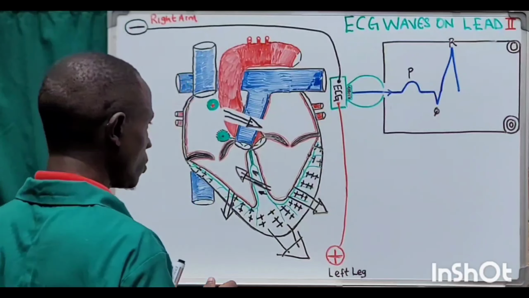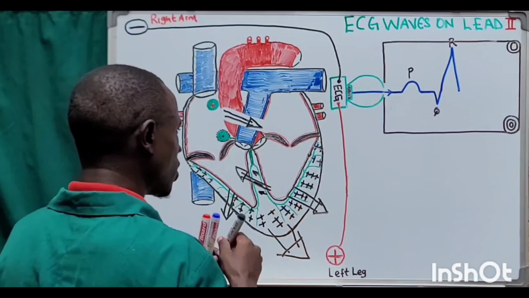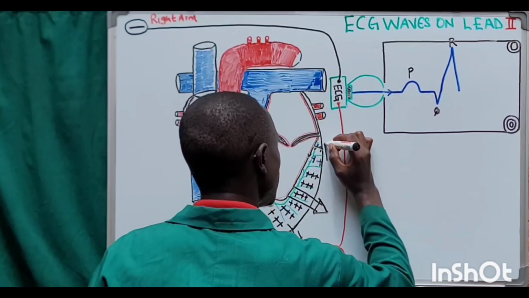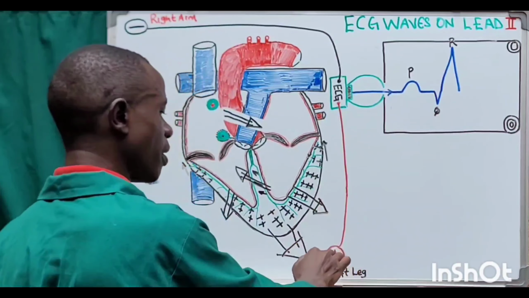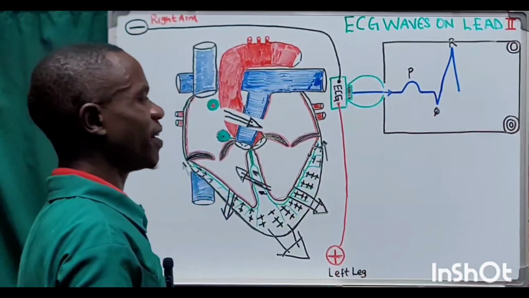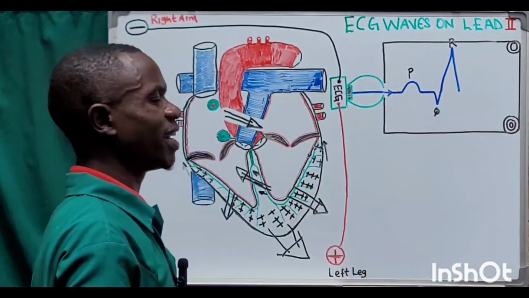So this depolarization is going to be facing in this direction. Now, this direction is moving away from the positive electrode and trying to move a bit towards the negative electrode. And by the principle of the galvanometer, whenever positive charges move away from the positive electrode towards a negative electrode, what's going to be the direction of the deflection?